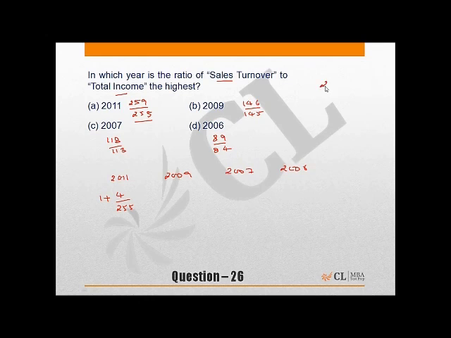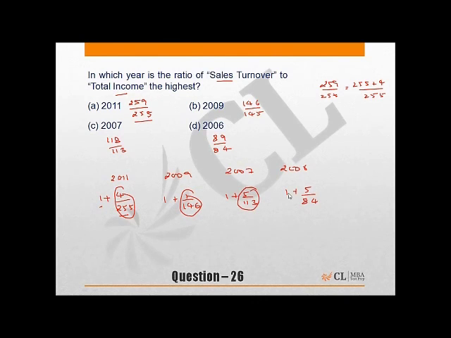I am actually writing it as 255 plus 4 upon 255, or this is more than 1 by 4 upon 255. 2009, 1 plus 1 by 146. 2007, 1 plus 5 by 113. And 2006, 1 plus 5 by 84. Which of these four is the greatest? The one which has the maximum value of this fraction.